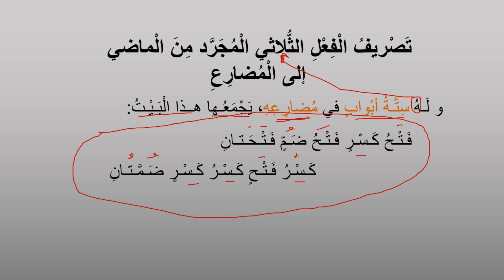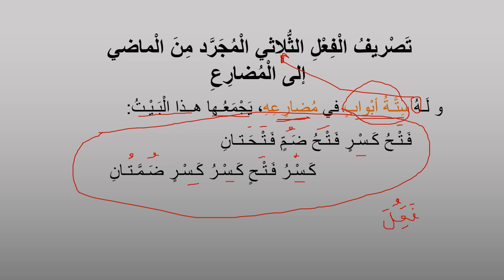The fi'l thulaathy in mudori has the possibility of coming in six different ways, sitat abwab. The only thing that changes is the ainul fi'l. You know we have fa'ala, whether fa'ala or fa'ila or fa'ula.